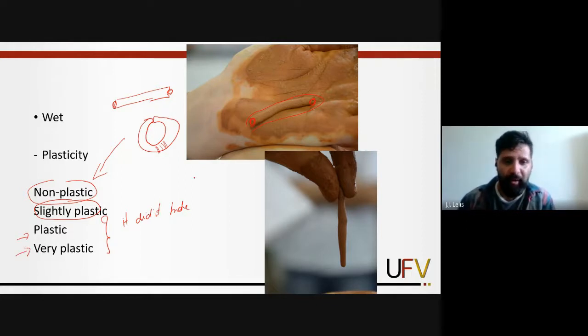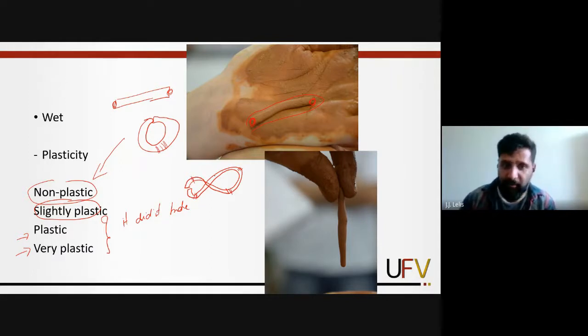So now I try to make something like this, with this movement. So I create a lot of curves and I see some cracks here or here or here. So, okay, the material is broken.